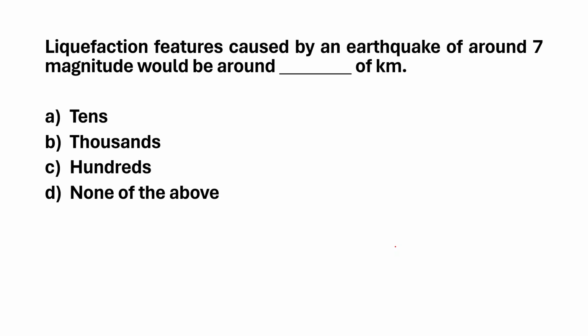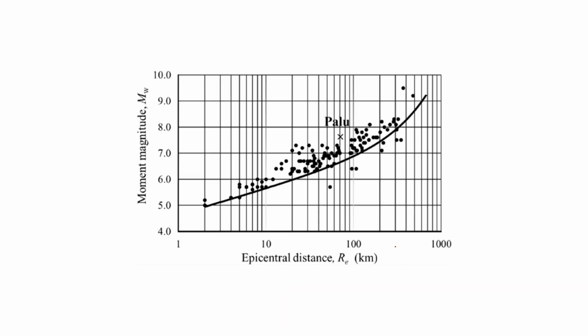A 7 magnitude earthquake is a pretty strong earthquake. Okay, so the answer is hundreds of kilometers. The explanation I can give you with the help of this diagram. This is the magnitude that we are saying, and this is the epicentral distance, where the epicenter is.